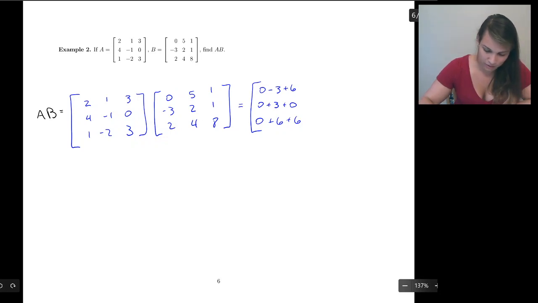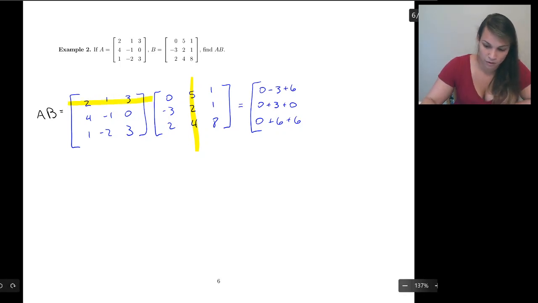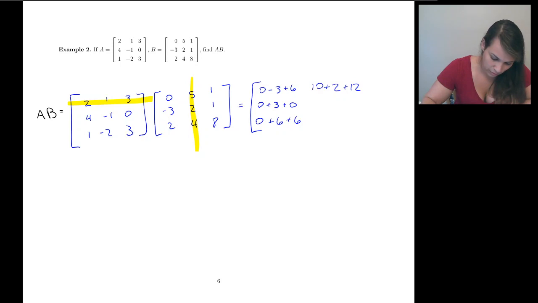Now let's go after column 2 of our result matrix. That's going to require column 2 of our B matrix. To get the first entry, we need the first row. So row 1 times column 2 is going to be 10 plus 2 plus 12. And then we've got the next entry going down.